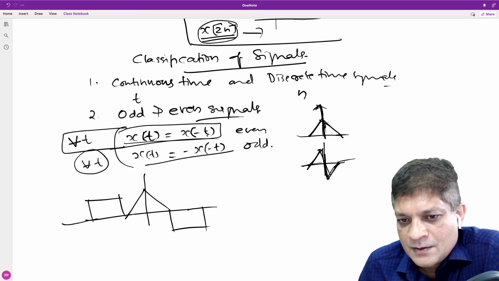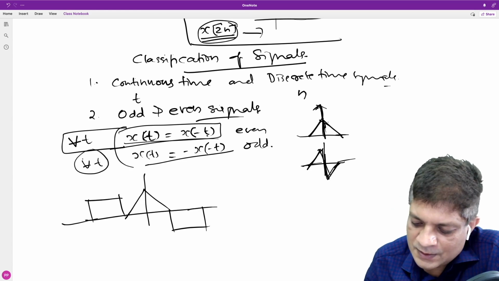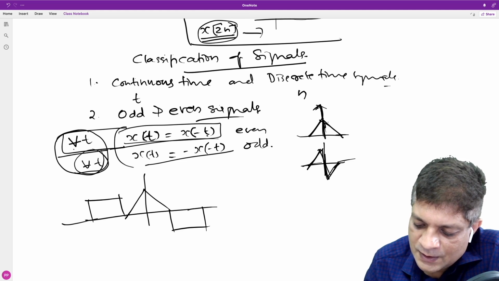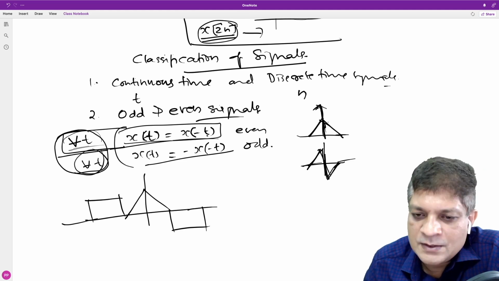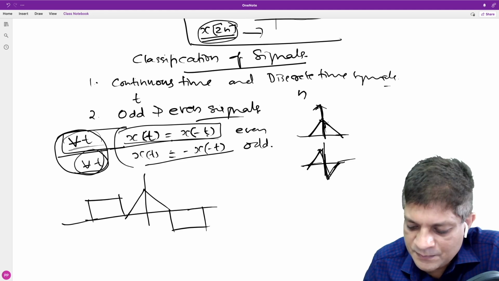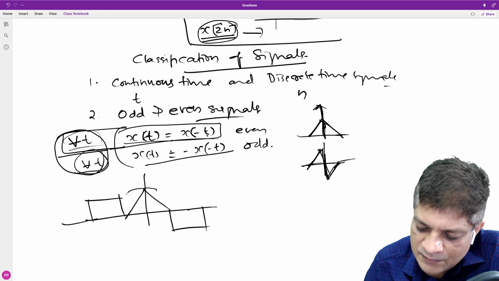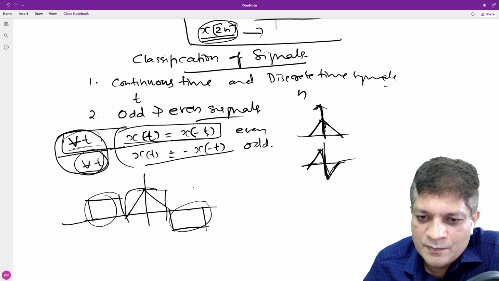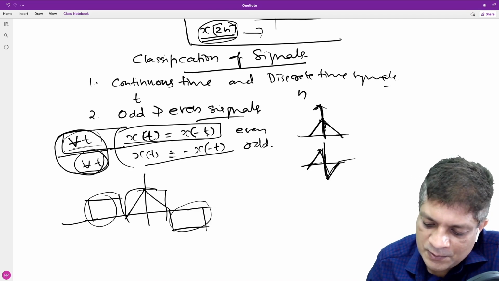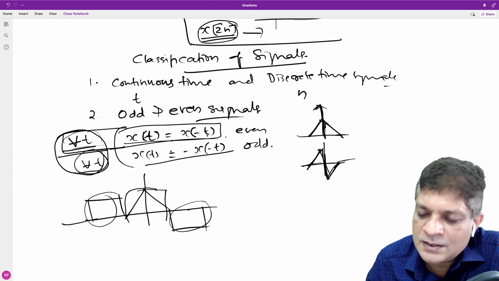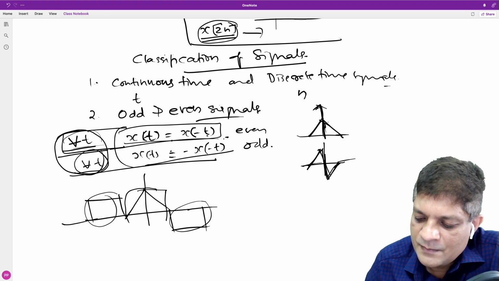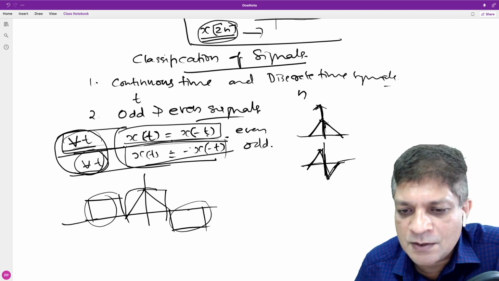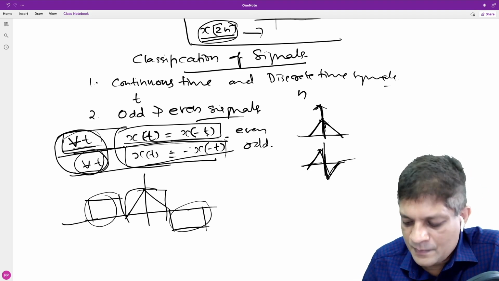Neither. The reason I am stressing this point is that it should be valid for all the values of t. We cannot say that it is even in this portion and this part is odd. No. If it is satisfied for all the values of t, then it is an even signal, and if this condition is satisfied for all the values of t, then it is an odd signal.